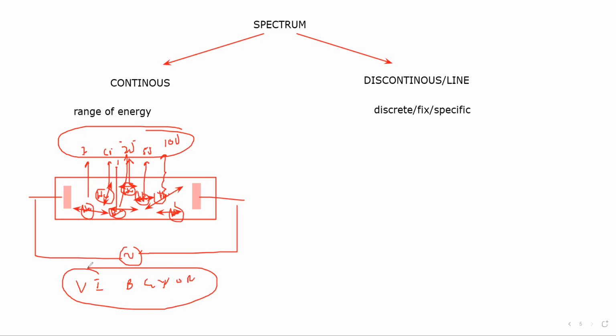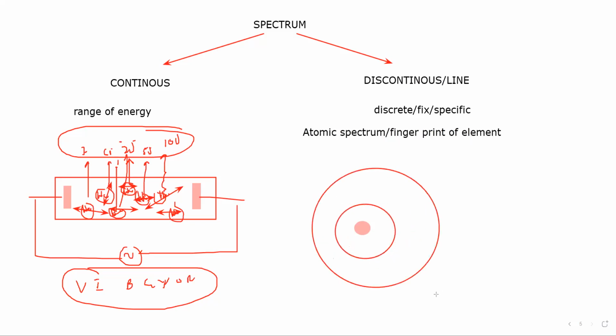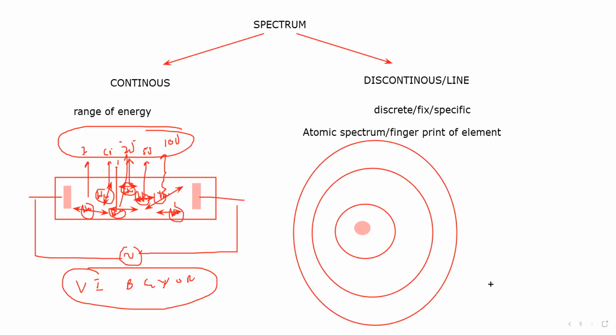But what about the line spectrum? What is the meaning of line spectrum? Line spectrum is also known as atomic spectrum, and it is also known as the fingerprint of an element. Basically, this is a nucleus. In the first shell you will have electrons, in the second shell electrons are there, in the third shell electrons are there.